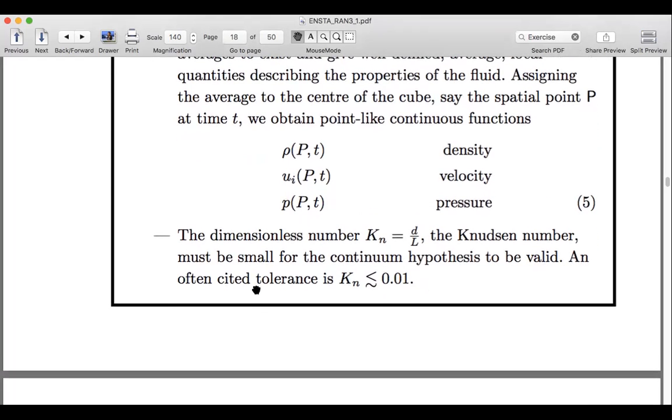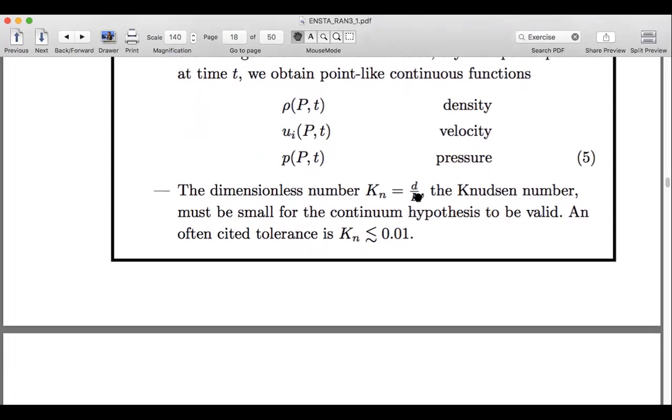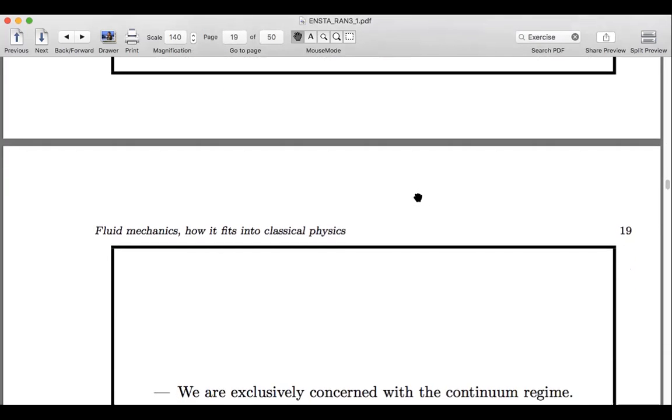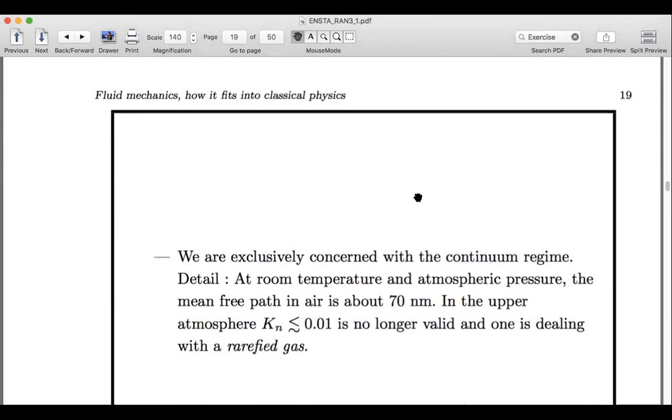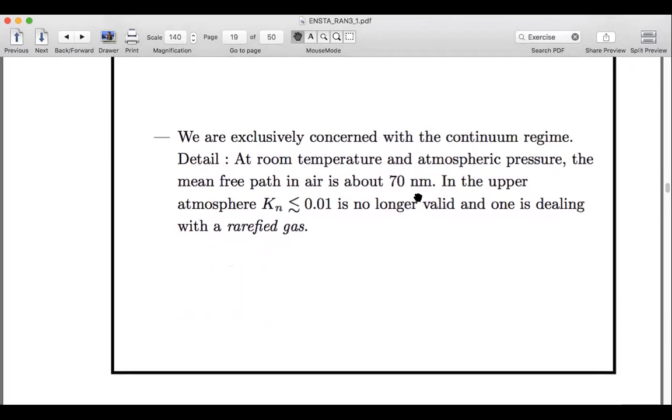An often cited tolerance is that the Knudsen number should be less than about 0.01. So you want your length scale to be 100 times larger than the mean free path, which is almost always the case in engineering applications. When it's not the case, for a gas at least, we call it a rarefied gas.